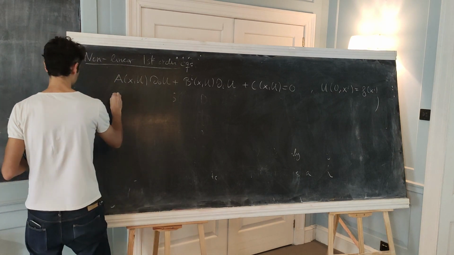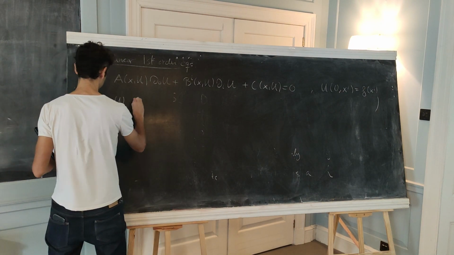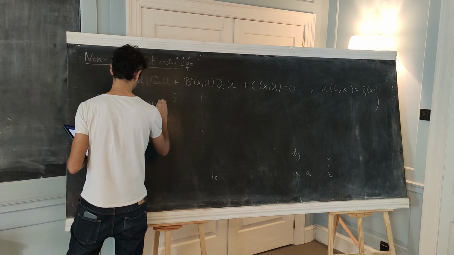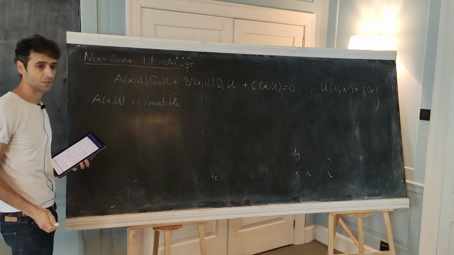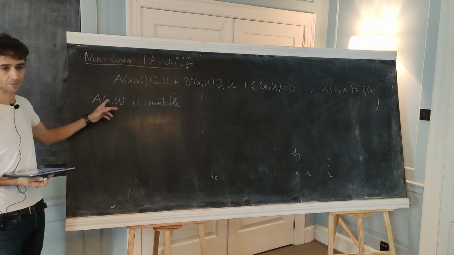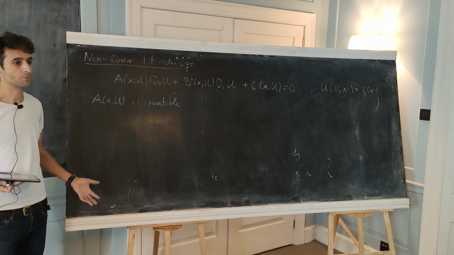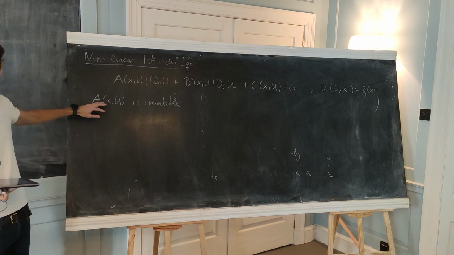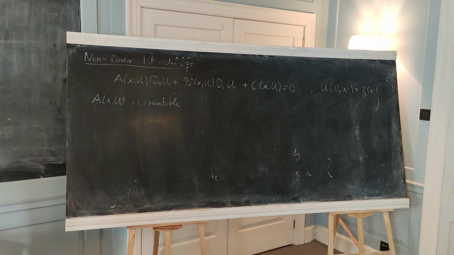One needs to assume that A is invertible at all times. In a nonlinear system, this may cease to be the case at late times, and that's when a singularity would form, for example. The lack of invertibility of this matrix is what would signal the formation of a singularity.